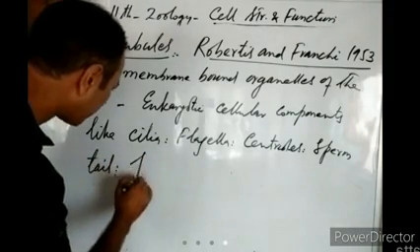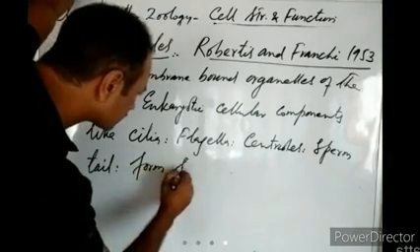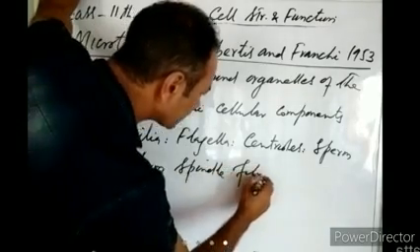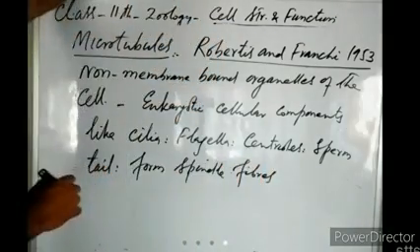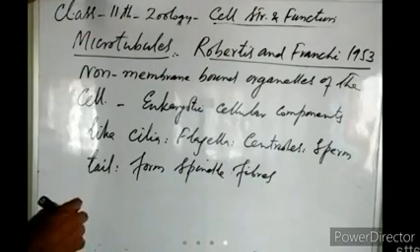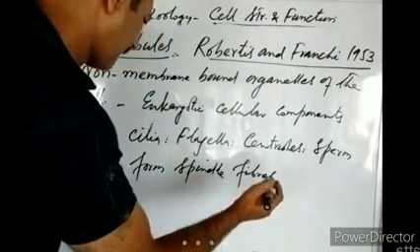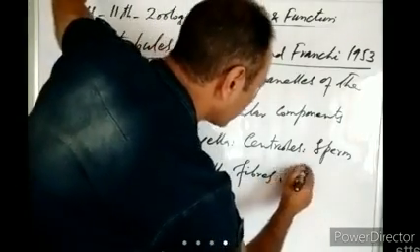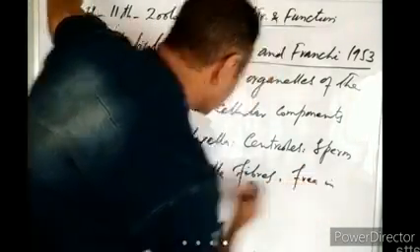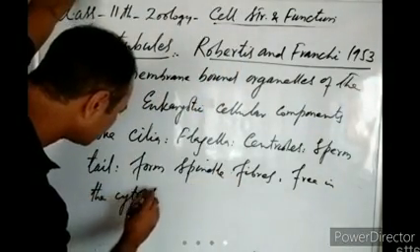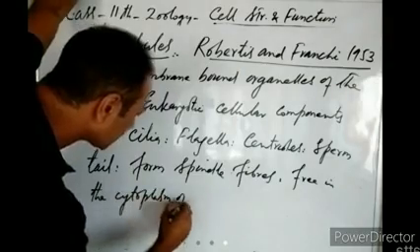They form spindle fibers. The spindle fibers which you observe during cell division are actually microtubules. And they are also found free in the cytoplasm of the cell.